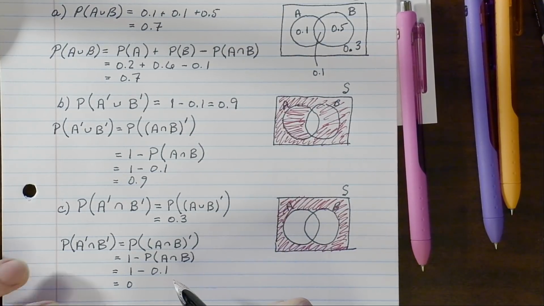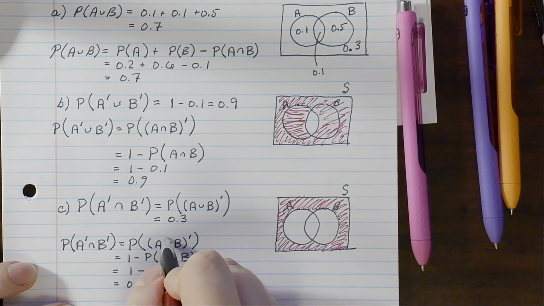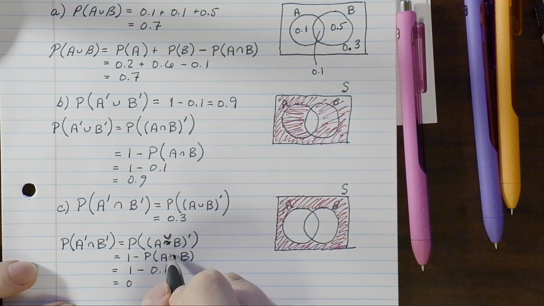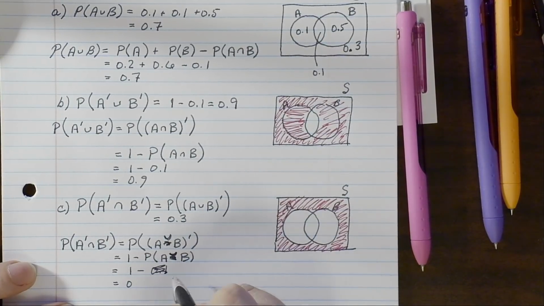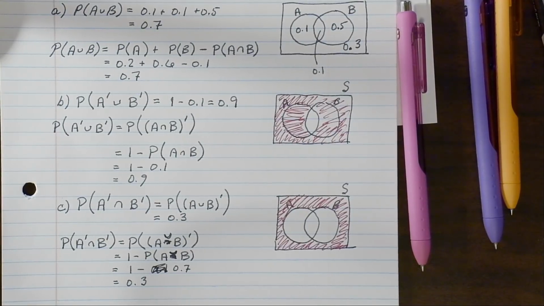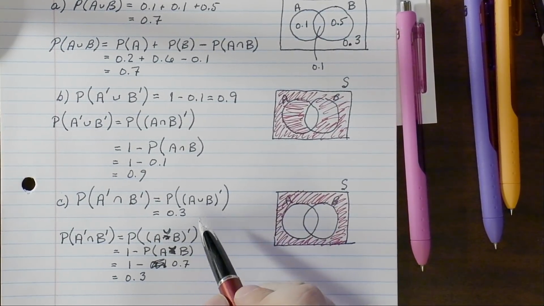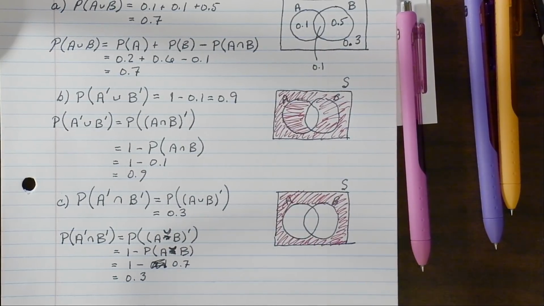Yes, I did. This is where I made the mistake. There we go, union. 0.7. Perfect, thank you. It would be bad if my intuition here didn't match the answer here. So, good.